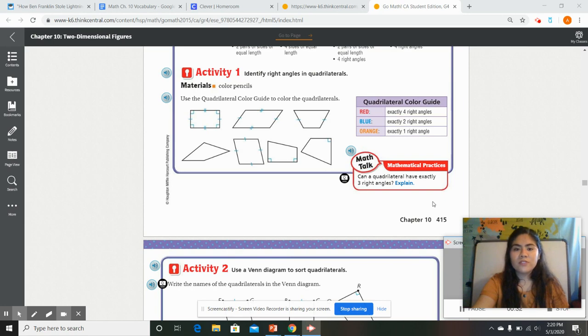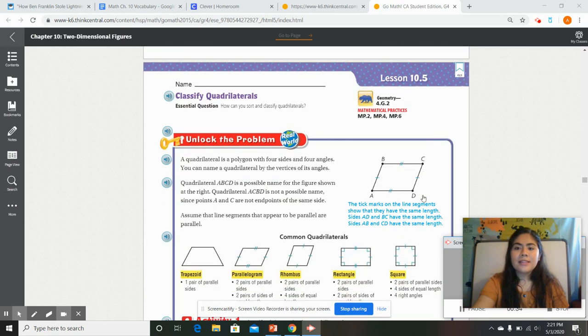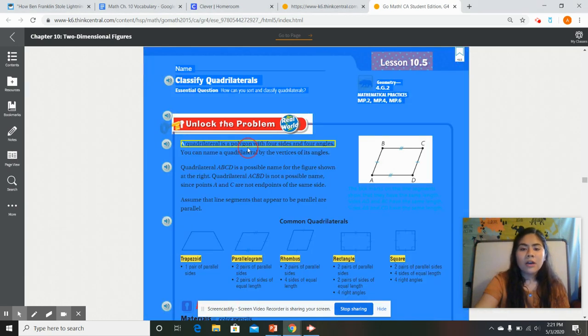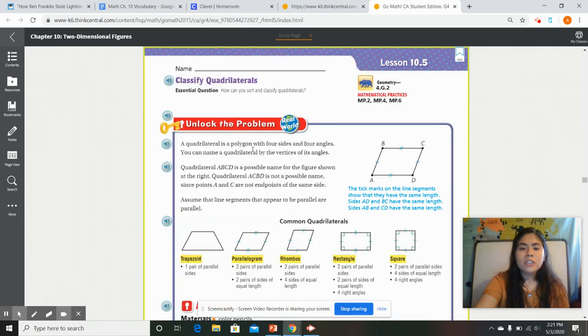So we're on page 415, lesson 10.5. Today we're going to learn about classifying quadrilaterals. A quadrilateral is a polygon with 4 sides and 4 angles.